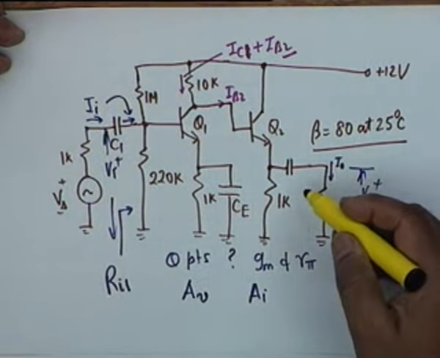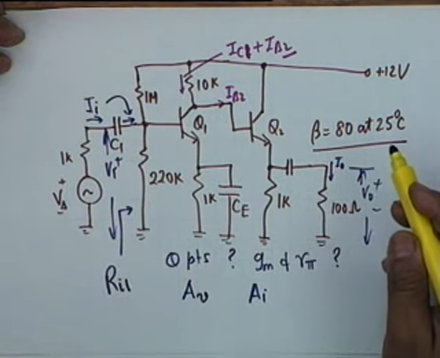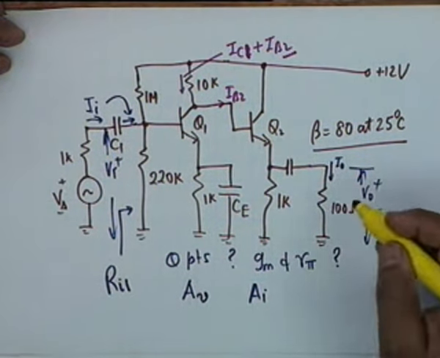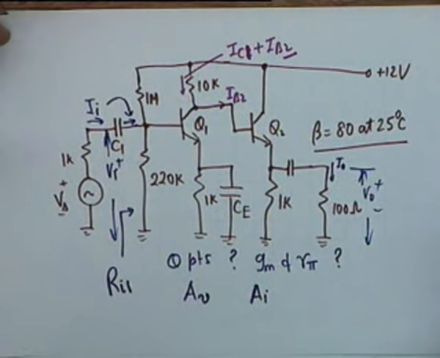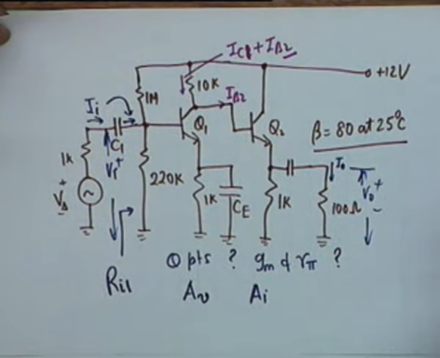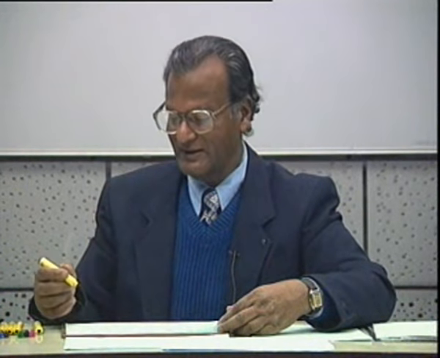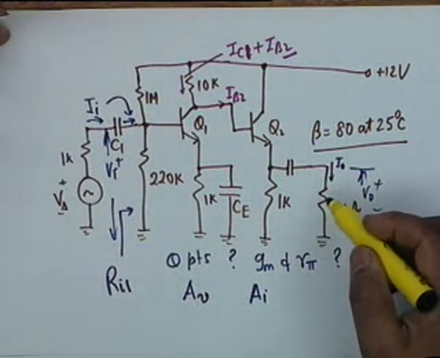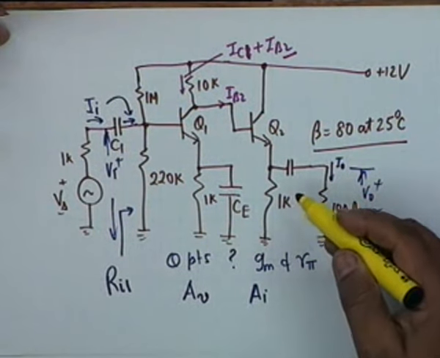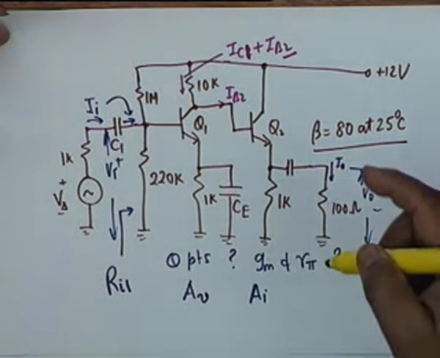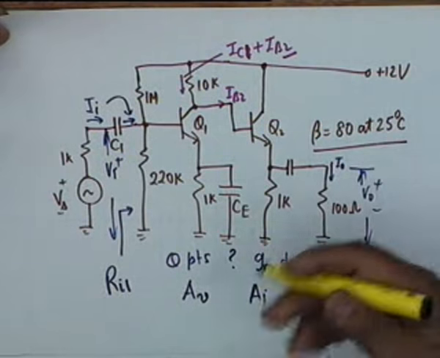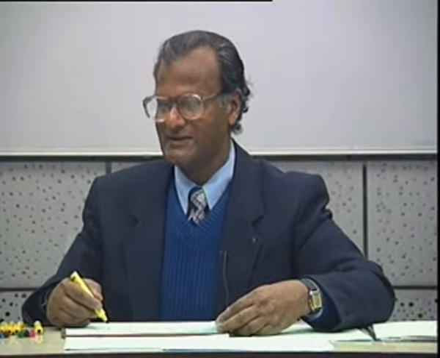AV2, this is a common emitter, common collector amplifier. So the gain would be GM multiplied by the parallel combination of RL, RE and 1 by GM. No R0 comes here. R0 can be ignored because these are small resistances.